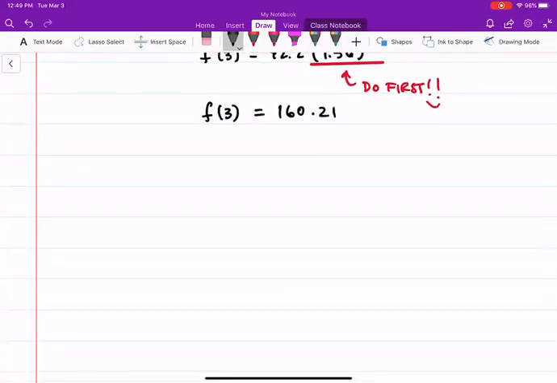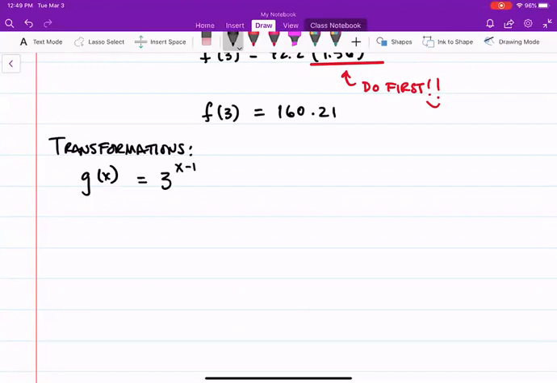So if I gave you an equation like, let's talk a little bit about transformations right now. Let's say g of x is equal to 3 raised to the x minus 1.